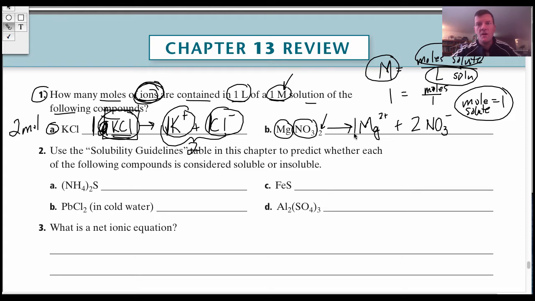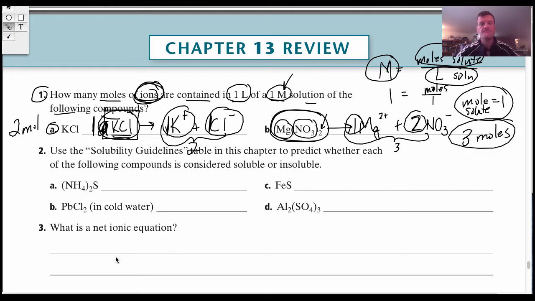But you get 1 magnesium ion and 2 nitrate ions out of every 1 unit of that ionic compound. So I get 1 plus 2, a total of 3 ions for every 1 unit of the compound. So if I have 1 mole of the compound, I'm going to get 3 moles of ions. This answer is going to be 3 moles.